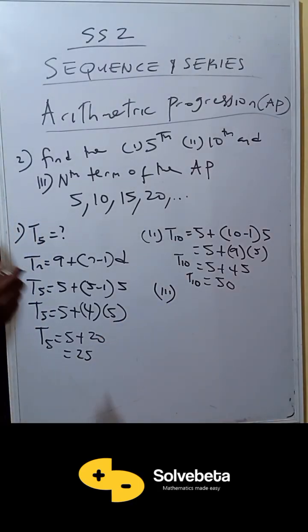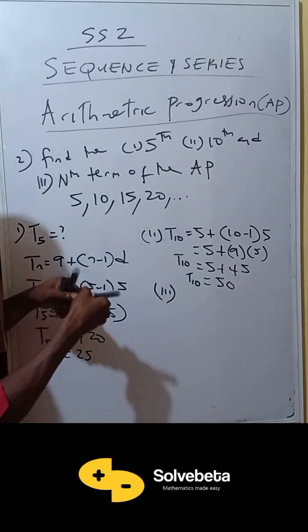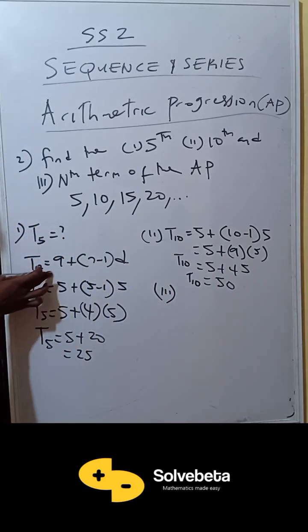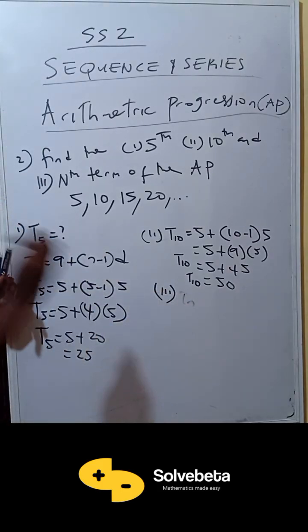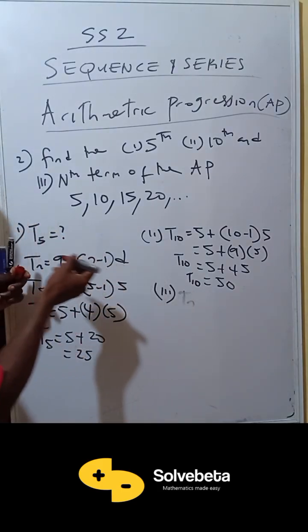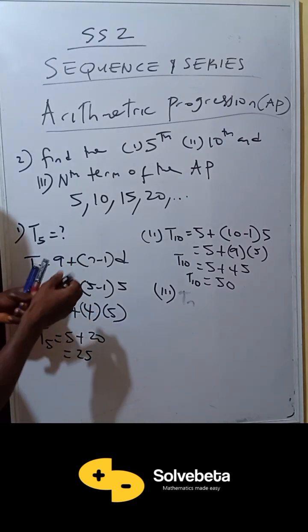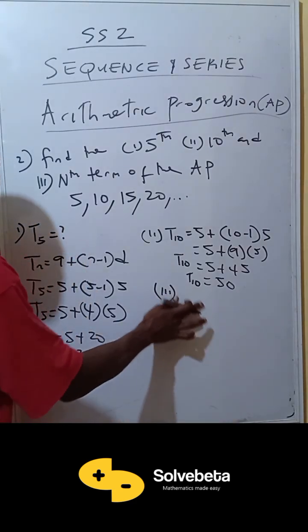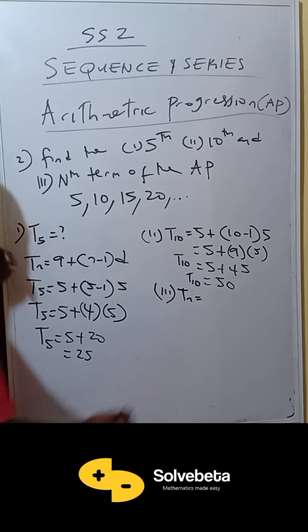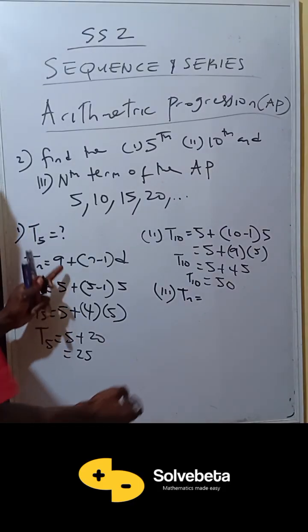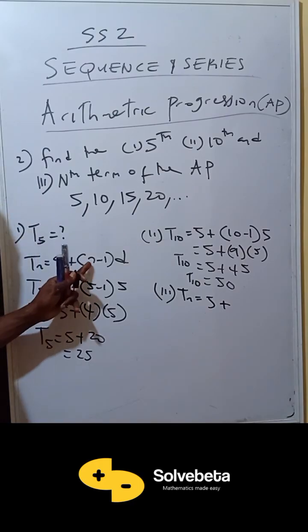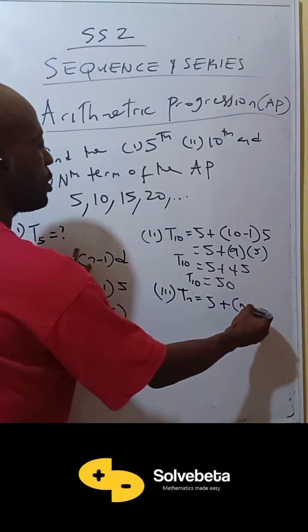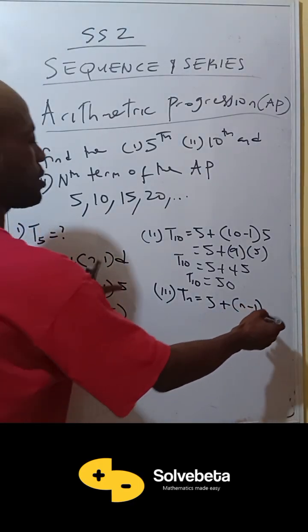The nth term will be, let me take this slowly. To get the nth term, just go back to this formula and leave n alone. Tn is equal to a, which is still 5, plus n minus 1 times d, which is still 5.